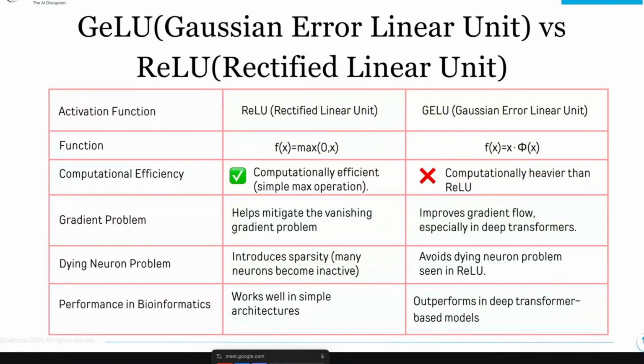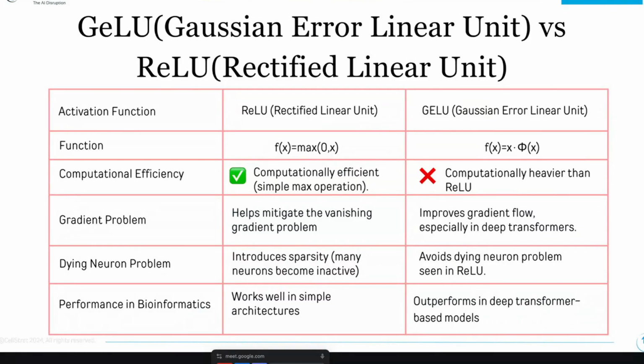So when it comes to bioinformatics, ReLU can only be employed for simple architectures, but GLU can be used for multi-sequence alignment, assessing multiple protein sequences, and it outperforms the deep transformer models.